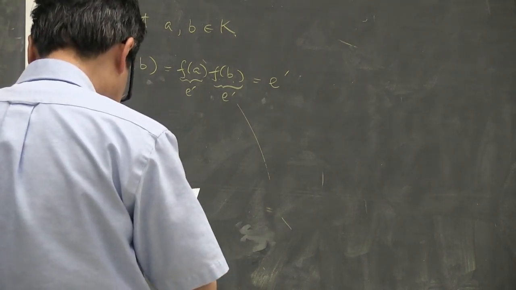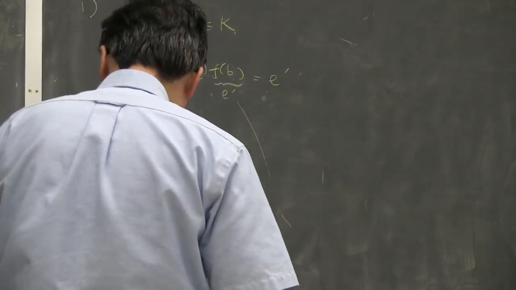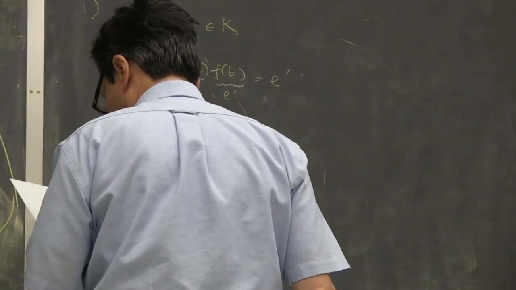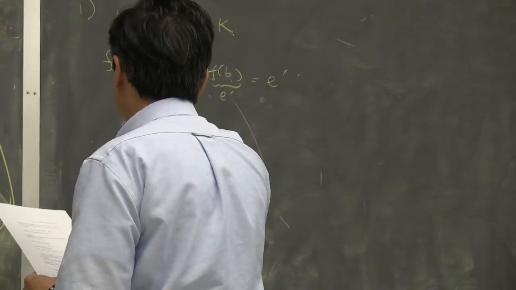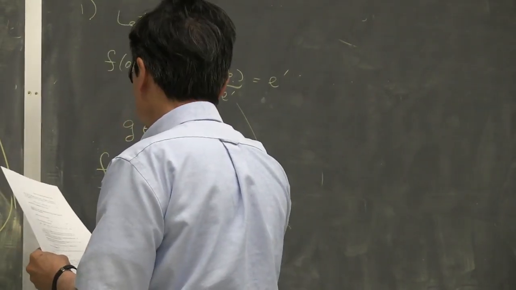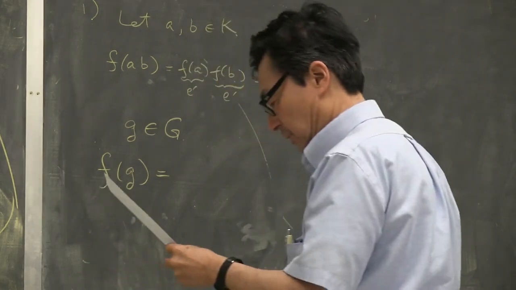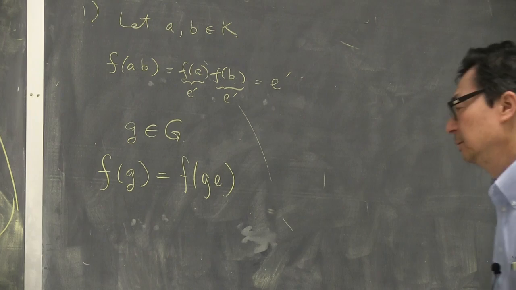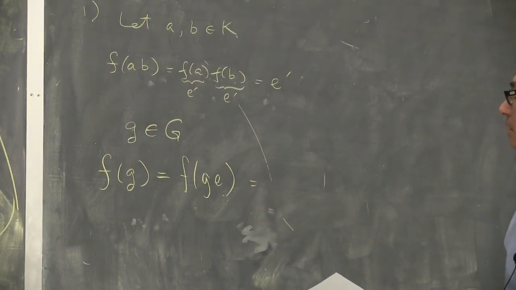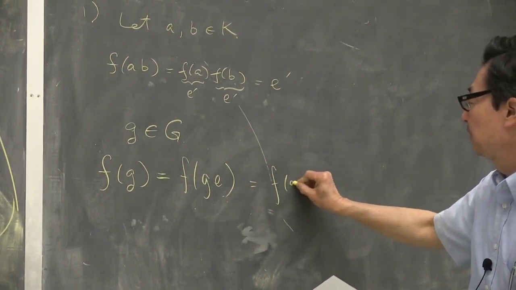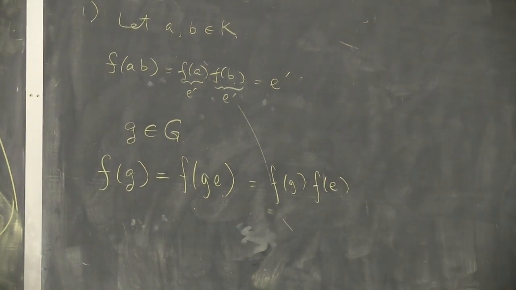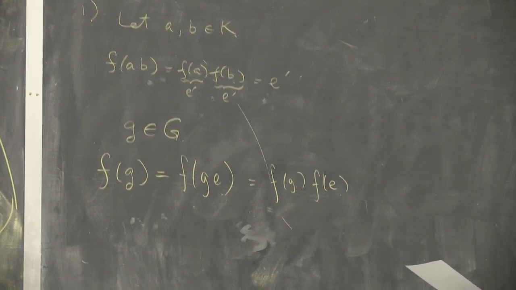And now, next, let's say I take a general element G in big G. Then I can write f of G. G I can always write as GE, okay? And so by the homomorphism property, this is f of G times f of E. And so this means what?